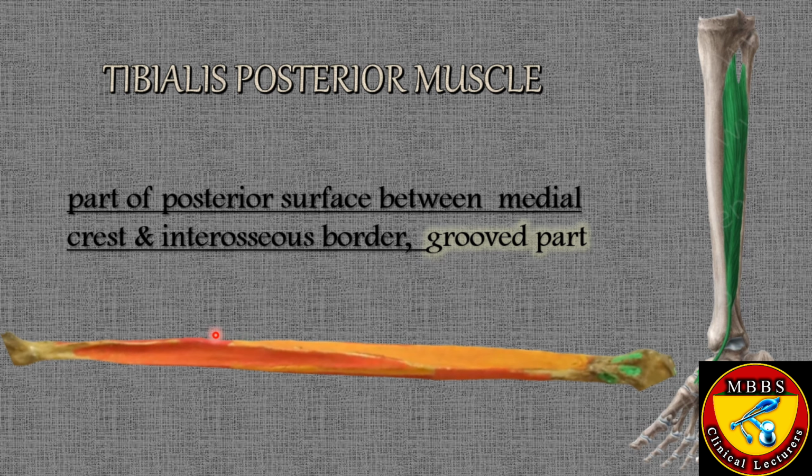Whereas the posterior flattened part which lies between the medial crest and posterior border gives origin in its upper 1/4 to the soleus, and the rest of the lower 3/4 gives origin to the flexor hallucis longus muscle.